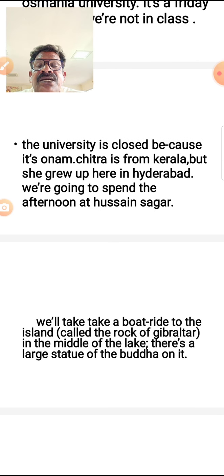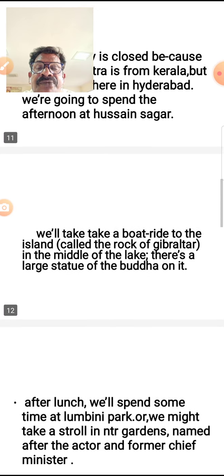We'll take a boat ride, the double it is printed. We'll take a boat ride to the island called the Rock of Gibraltar. In the middle of the lake, there is a large statue of the Buddha on it.